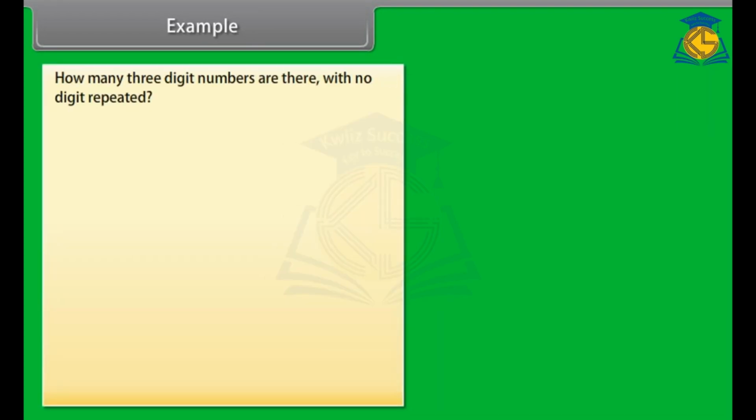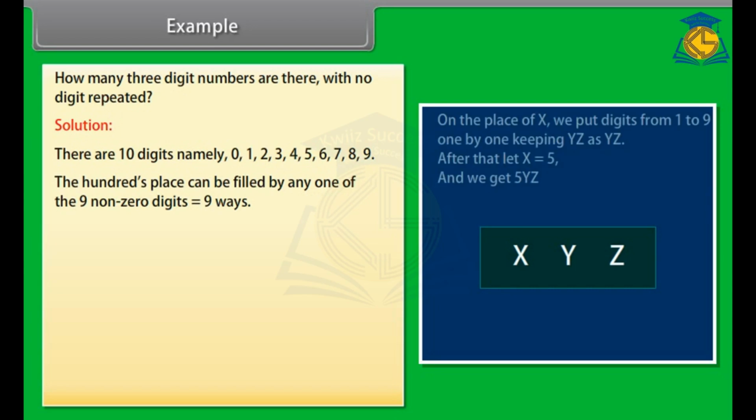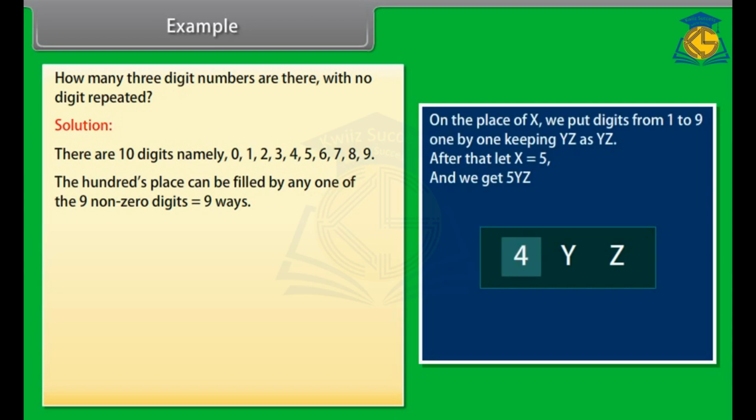Example: how many 3-digit numbers are there with no digit repeated? Solution: there are 10 digits, namely 0, 1, 2, 3, 4, 5, 6, 7, 8, 9. The hundreds place can be filled by any one of the 9 non-zero digits, equal to 9 ways.